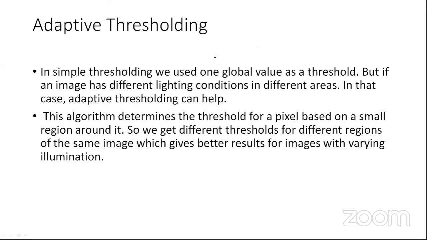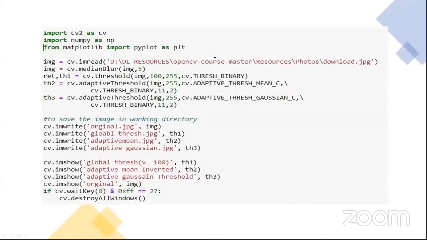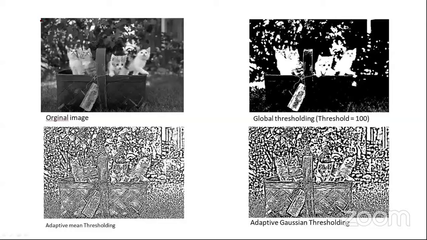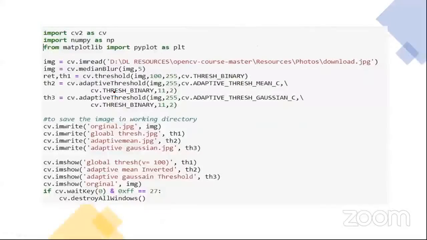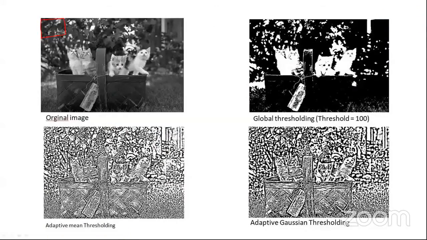Now moving back to adaptive thresholding. What simple thresholding is doing is basically using a global threshold, but here we are dividing the image into different portions, and then as per the average value of these pixels, we will automatically get a threshold.